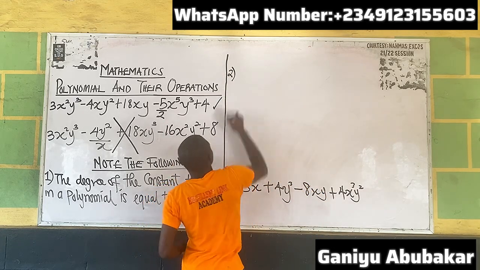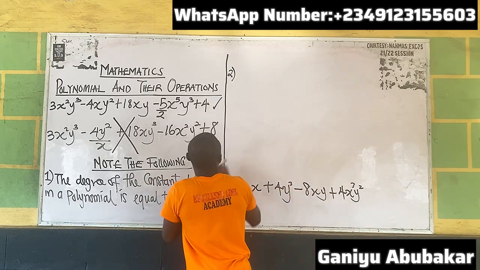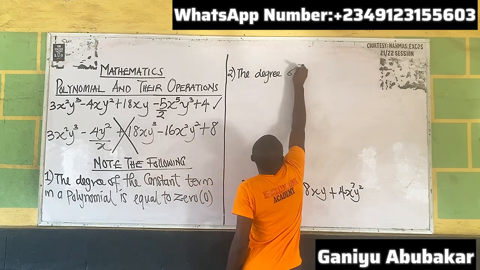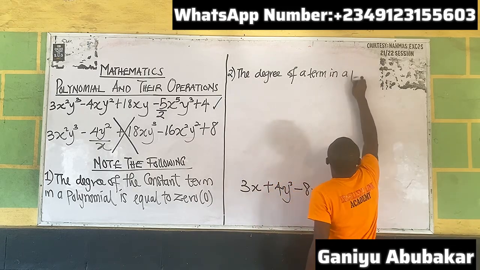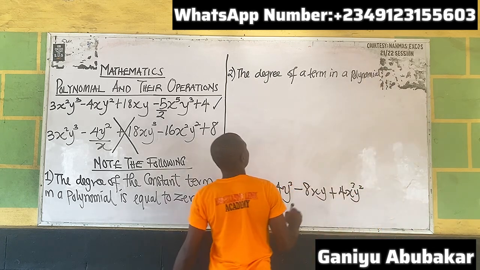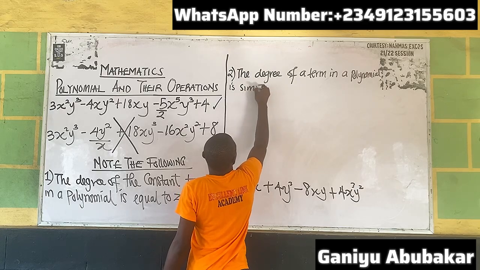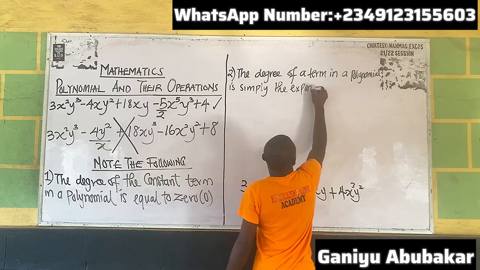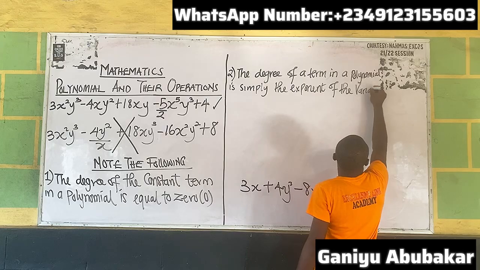Number two, the degree of a term in a polynomial is simply the exponent of the variable.